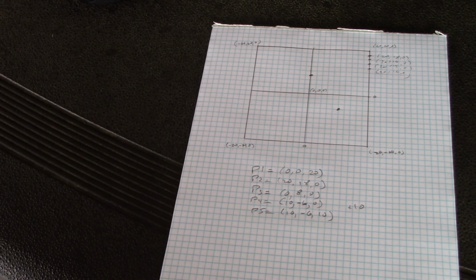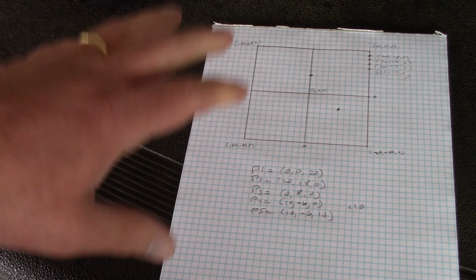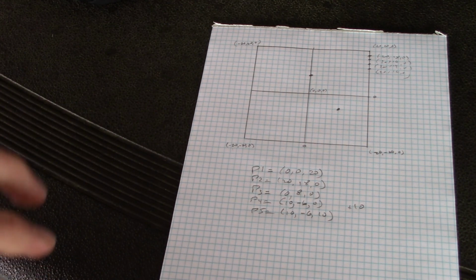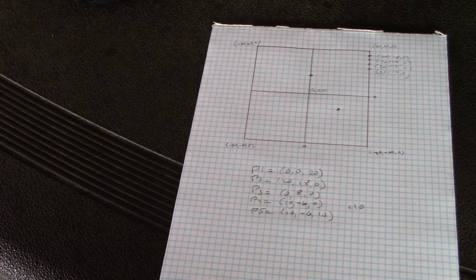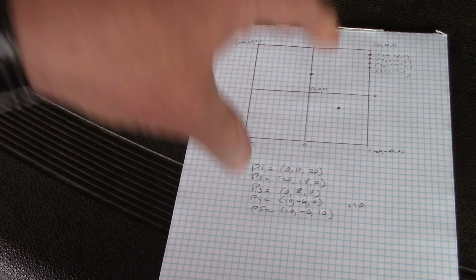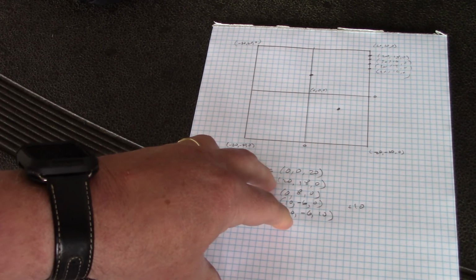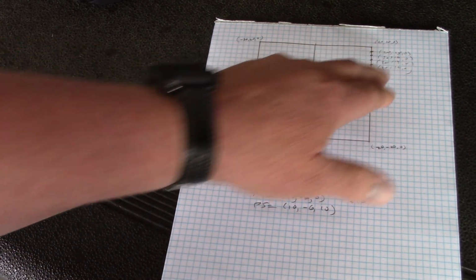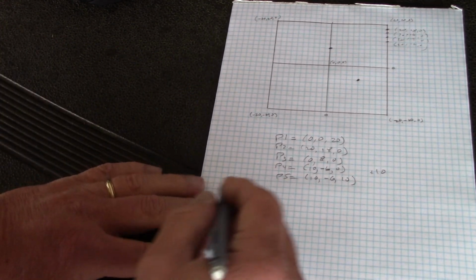Now once again, you're going to move the arm to your locations, and before you drop down to pick up the peg, you stop at a plus 10 in the Z direction, then you go down and pick up your peg. Let's say I'm going to pick up my first peg.